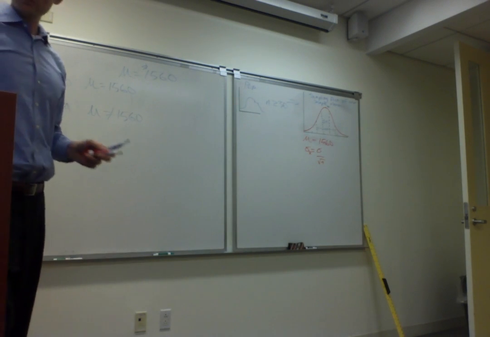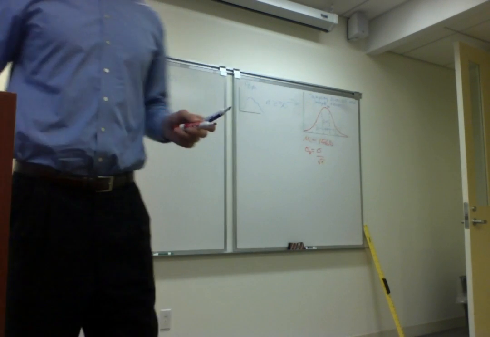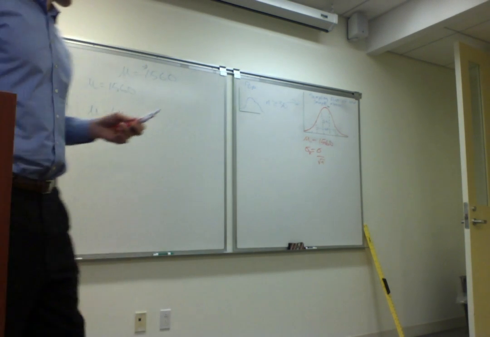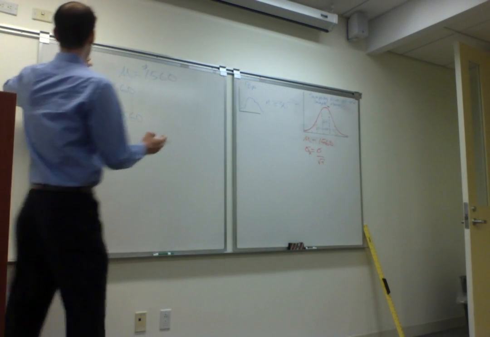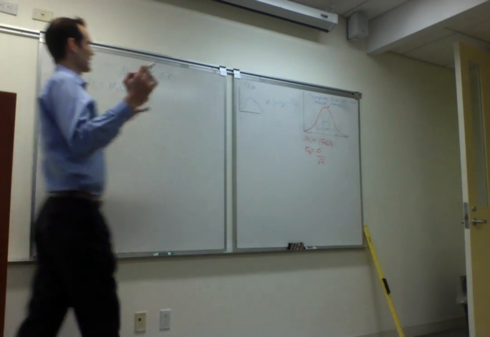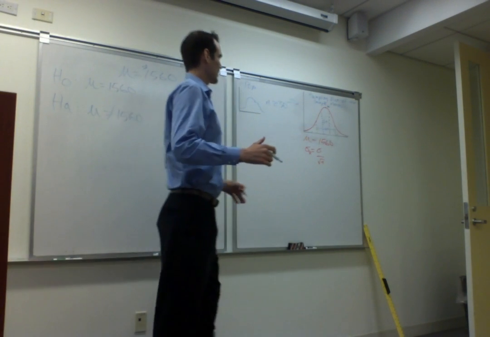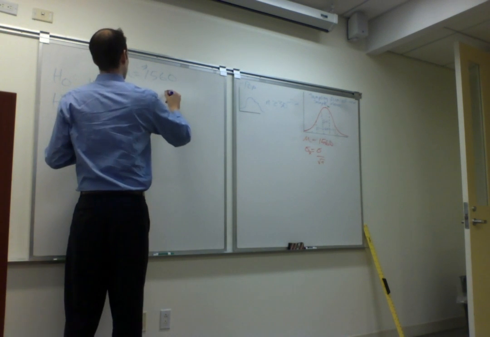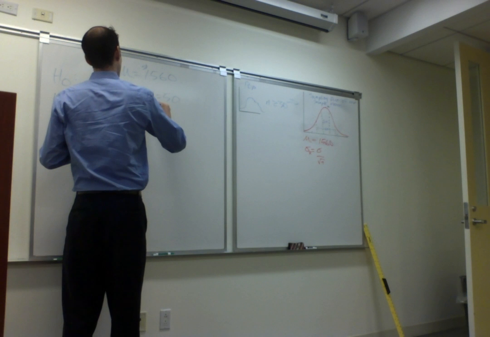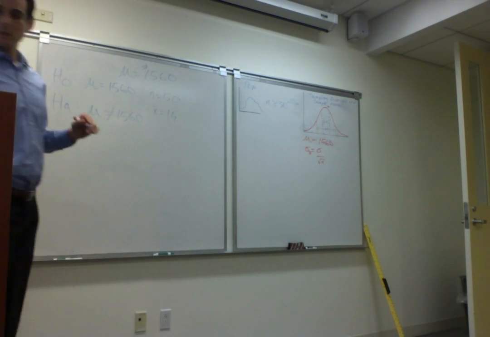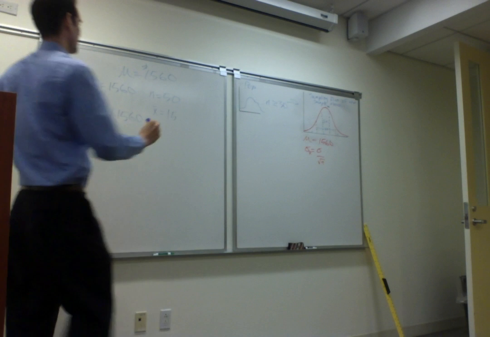Let's suppose we go out, we take a sample of 50, and we get a sample mean of 1586. So, this is what we're working with. We've set up our null and alternative hypothesis. We have a sense of how this decision might be made. And we take our sample, we get n equals 50, and we get x bar equals 1586.